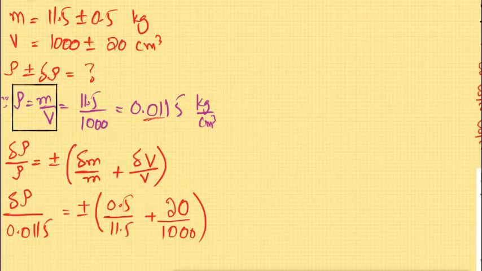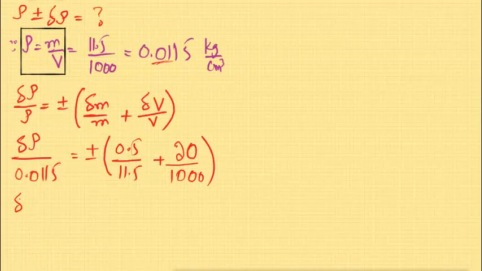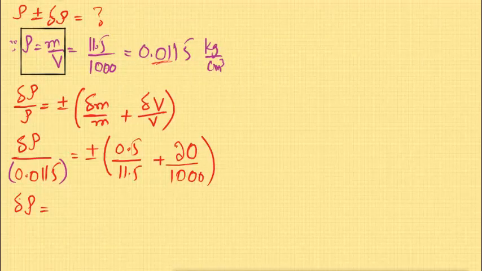Now to further simplify, I'm going to write this error equal, you see this 0.0115 is getting divided on the left hand side. When I move it towards the right hand side, it will be multiplied with the whole term.